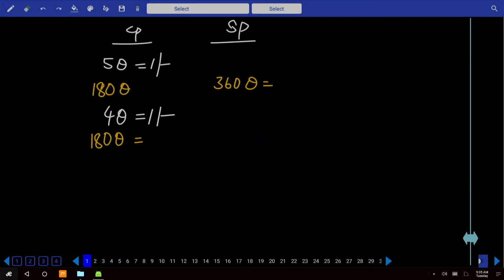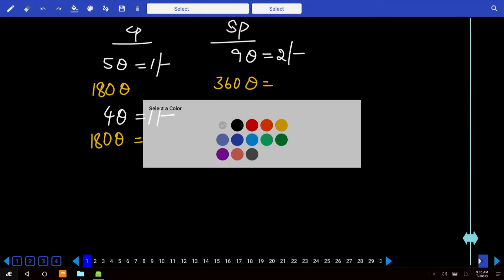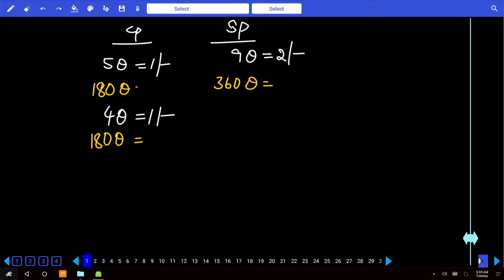While selling, he sells 9 oranges at the rate of 2 rupees. For every 5 oranges, if he is paying 1 rupee, for 180 oranges, how much money will he pay? Divided by 5, 36 rupees.